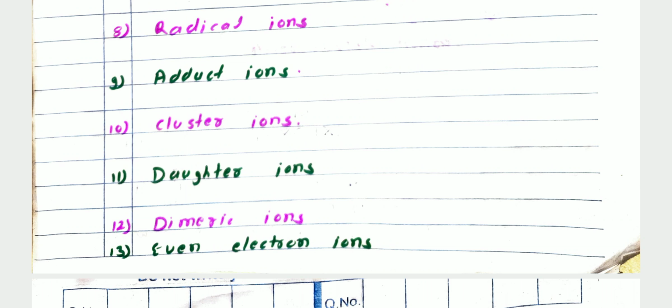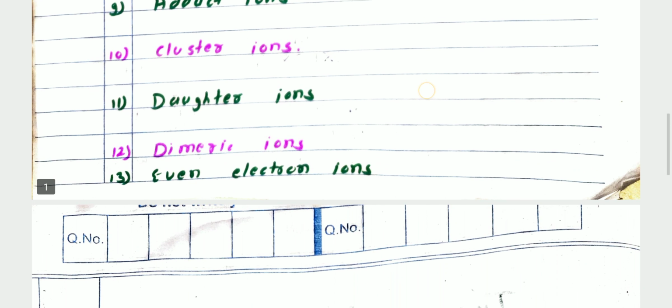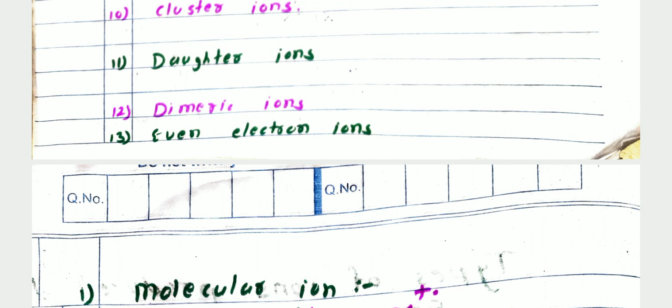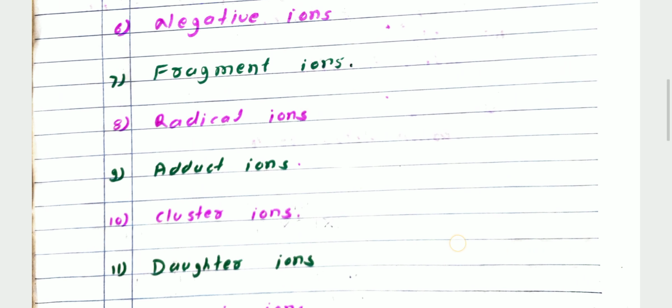They are useful only for studying fragmentation mechanisms. Then rearrangement ions are formed by transfer of atoms or groups during fragmentation of the molecular ion. Hydrogen transfer rearrangements are common, but methyl group migration is also seen.